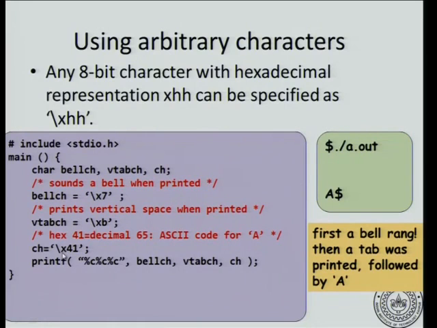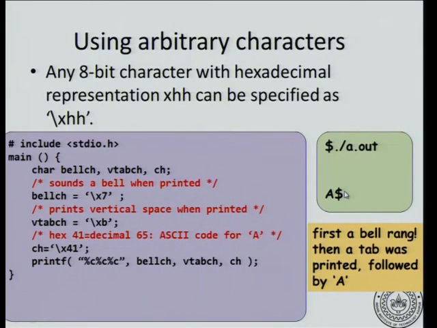So if I ask it to print ch, which is hexadecimal 41, as a character, then it will print the value A. When you run this program, first, because you asked it to print a bell character, it will beep once.